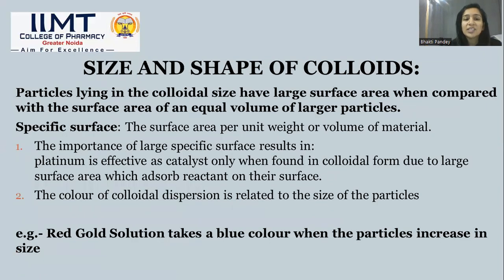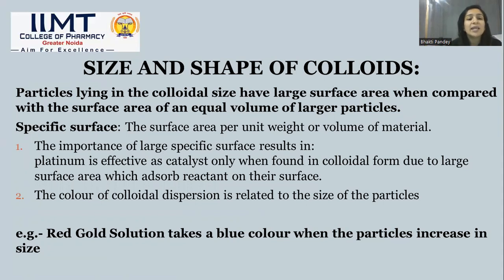Next comes the size and shape of colloids. We are well aware of the colloidal system. Colloids are tiny particles having a particle size range between 1 nanometer to 1000 nanometer. So we'll be discussing the shape and size of colloids.